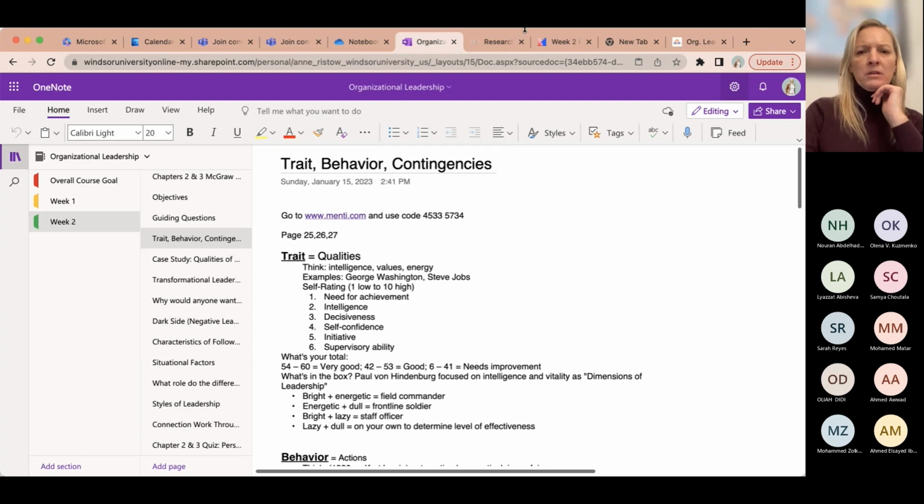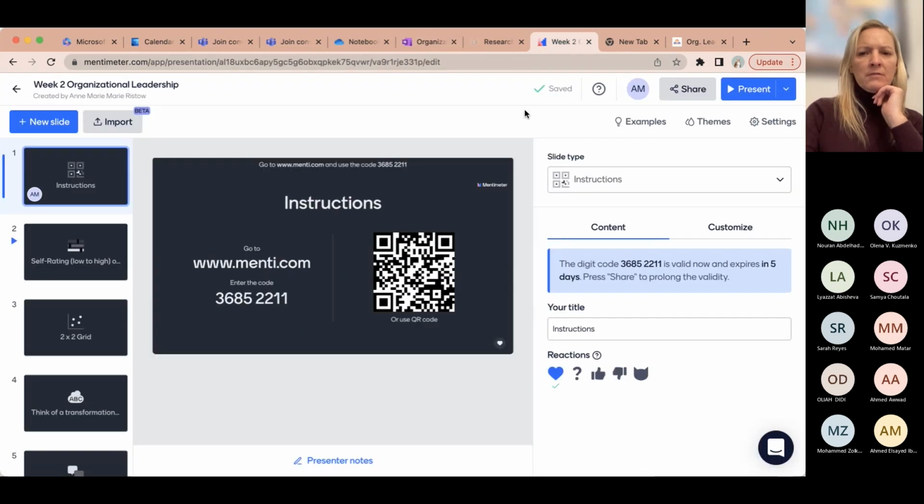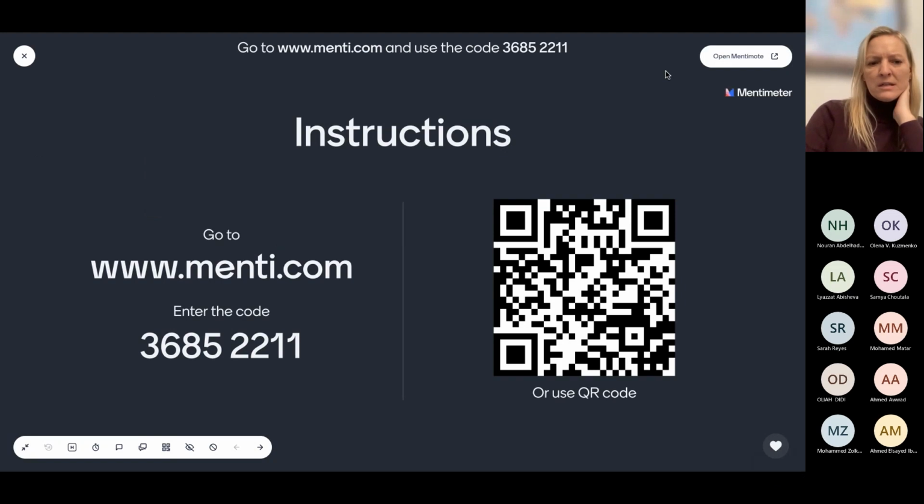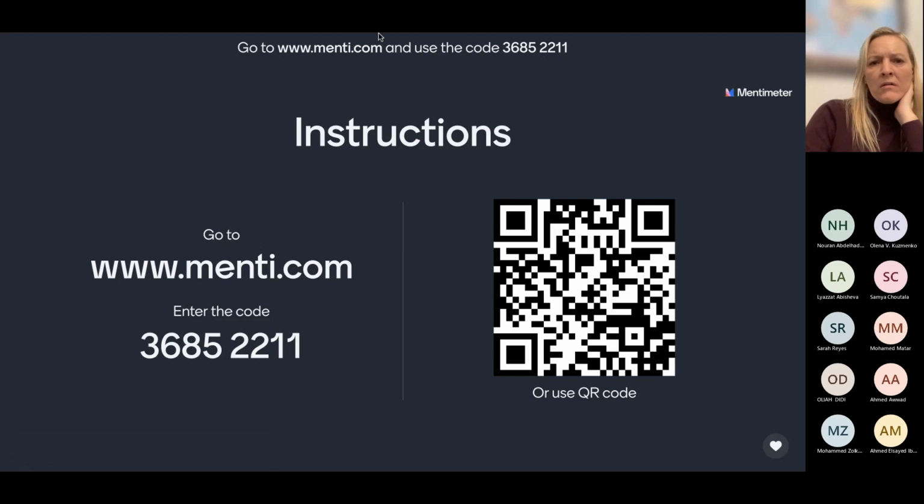I have it open here, and I have the instructions. So let's go ahead and get everybody logged in. You should be able to see the instructions on your screen. Oop, that is not what we wanted to do.